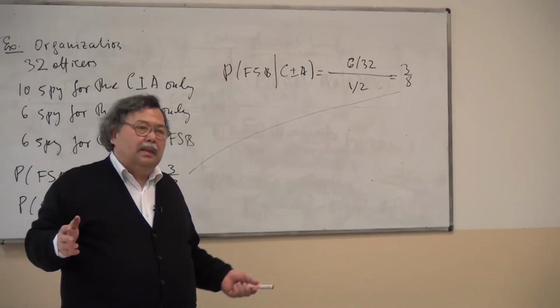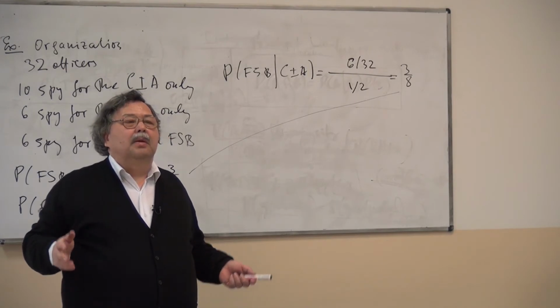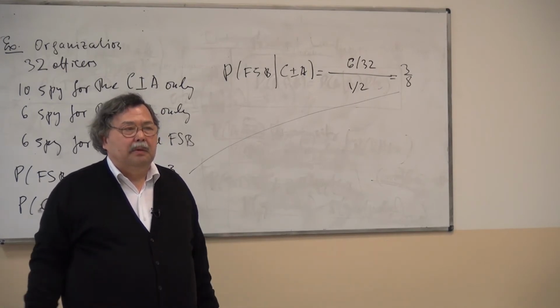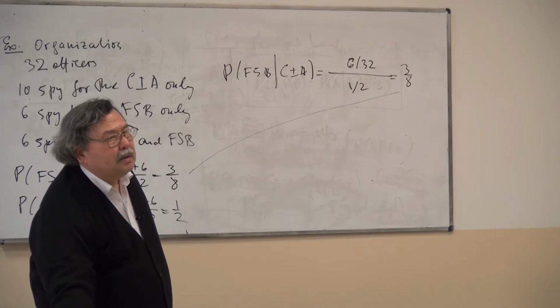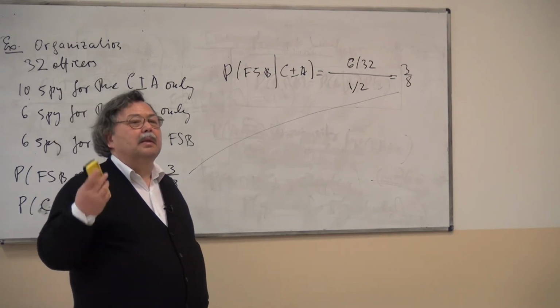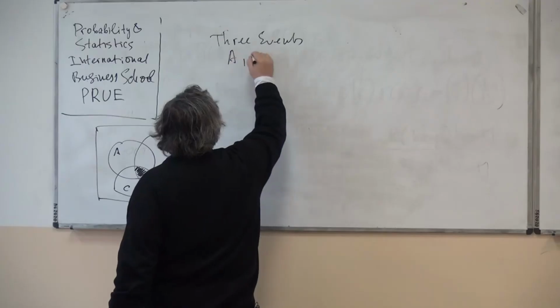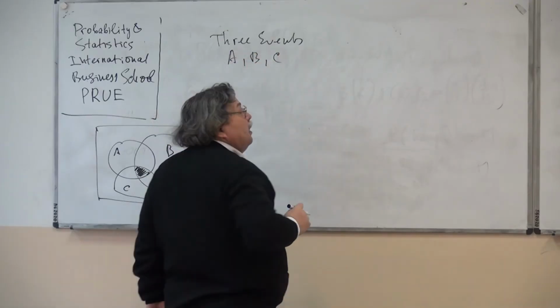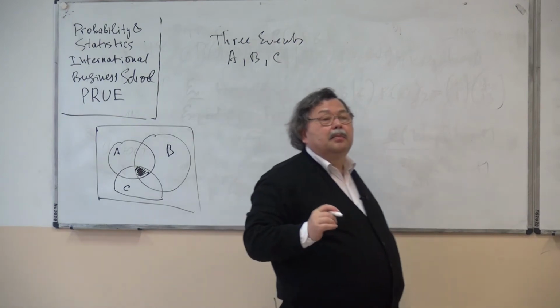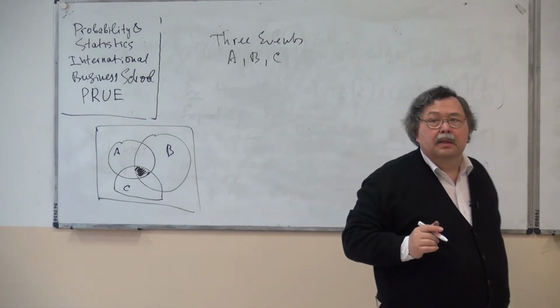It's even less simple if we talk about 3 or a greater number of events. Let's look at 3 events, and let's try to understand what independence means in the case of 3 events. Let's call them A, B, and C. What should we understand by the independence of 3 events?